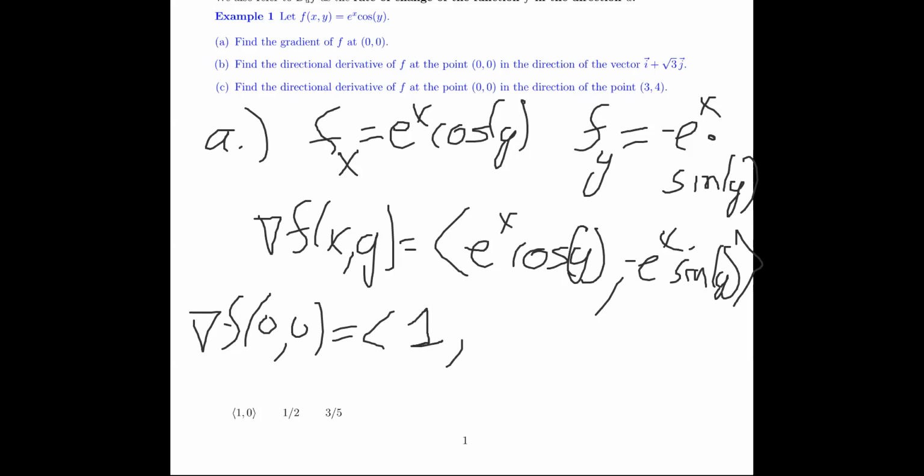And then we get negative e to the 0th power, which is negative 1, but this is all multiplied by sine of 0, which is 0. So this is 1, 0. So we get the gradient of f evaluated at 0, 0 is the vector 1, 0. Again, remember that the gradient results in a vector.